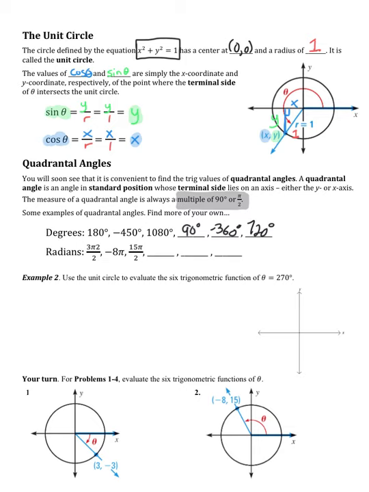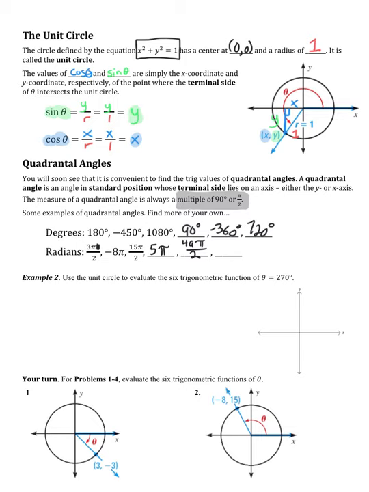And the same thing is true with radians. That first radian measure should be 3 pi over 2. But basically with radians, as long as it's either a whole number or a fraction over 2, that's an example of a quadrantal angle in radian measures. So I could say 5 pi, I could say 49 pi over 2.